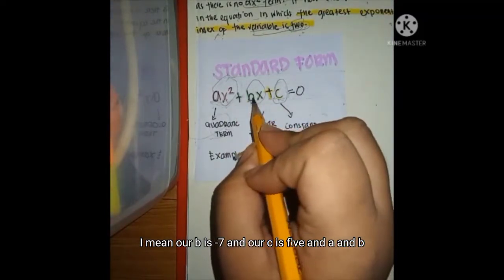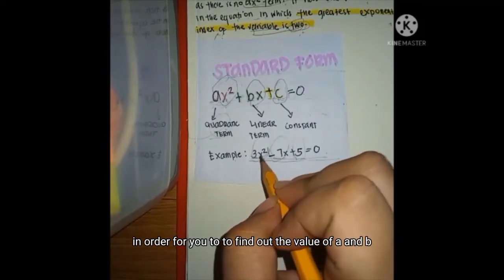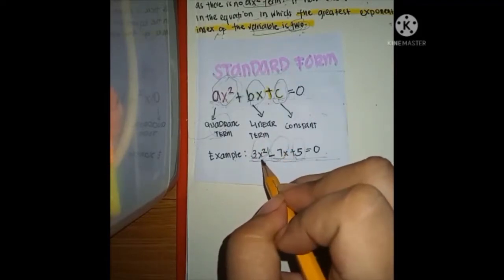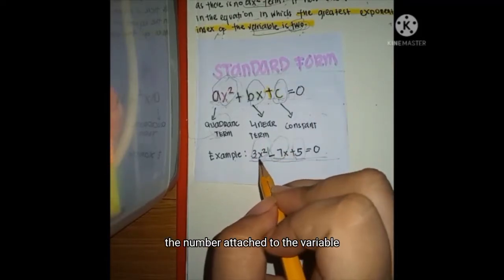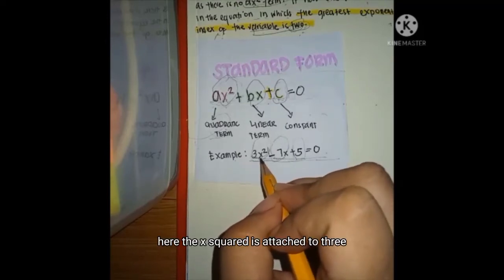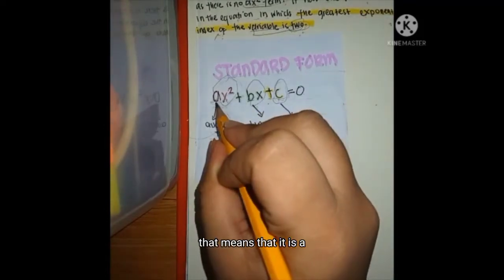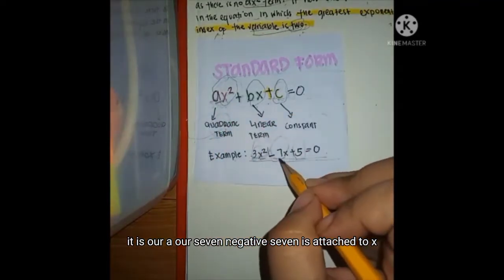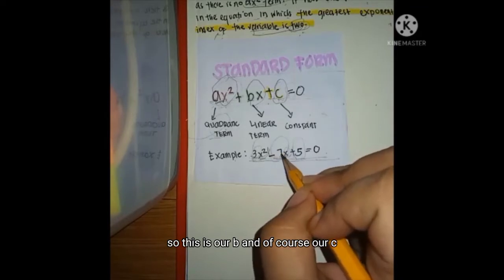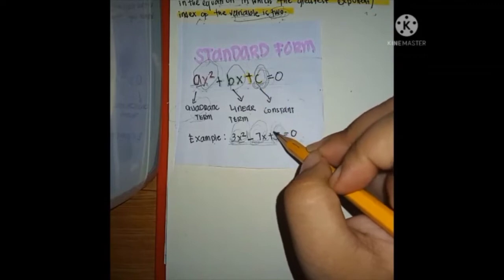In order for you to find out the value of a and b, you have to look at the number attached to the variable or the literal coefficient. Here, the x squared is attached to 3. That means that it is our a. Our negative 7 is attached to x. So this is our b. And of course, our c, the constant, is 5.